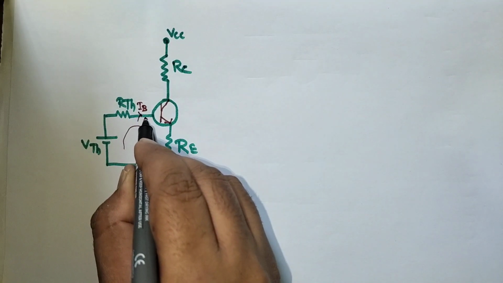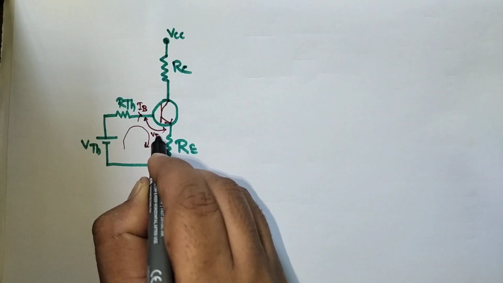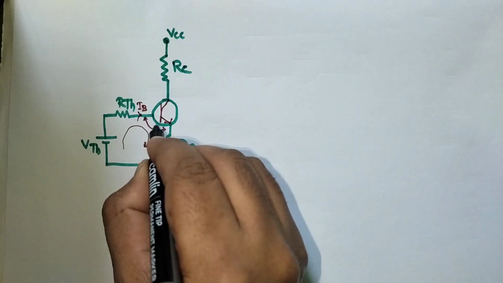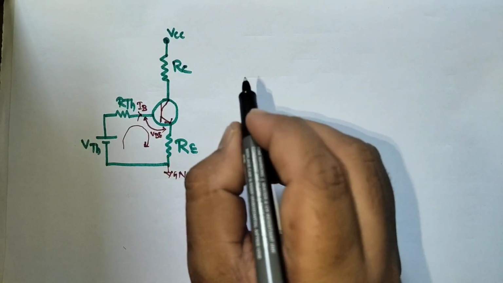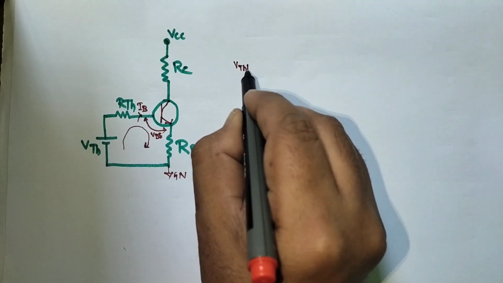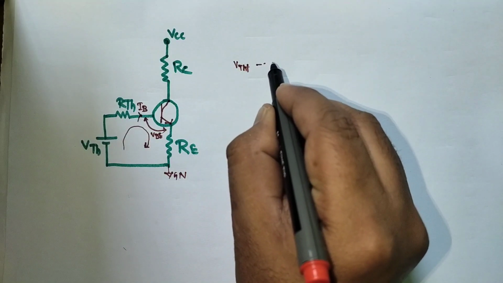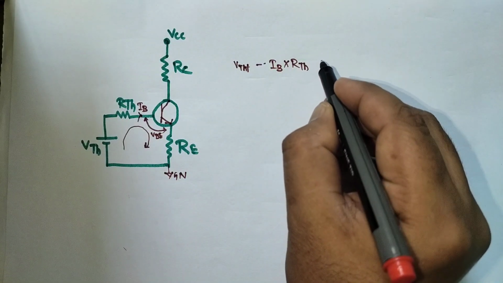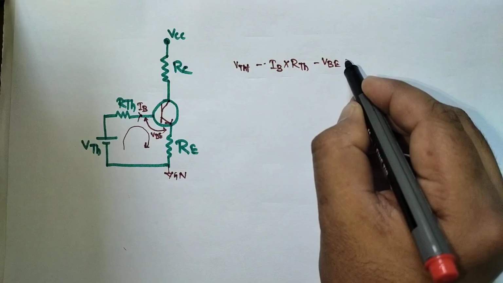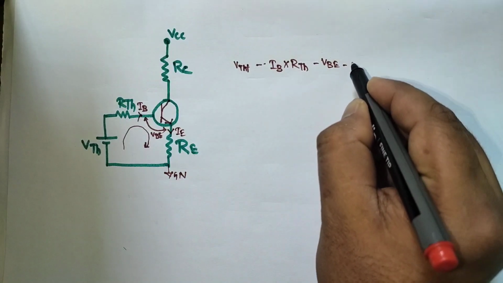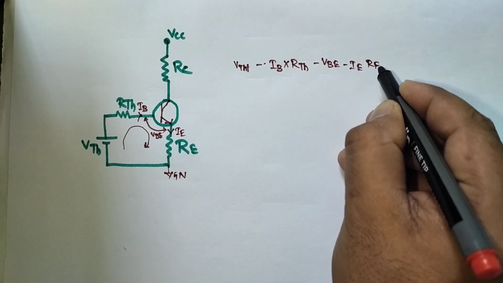This voltage across the base and emitter is VBE. So KVL gives: VTH minus IB into RTH, minus VBE, minus IE into RE.